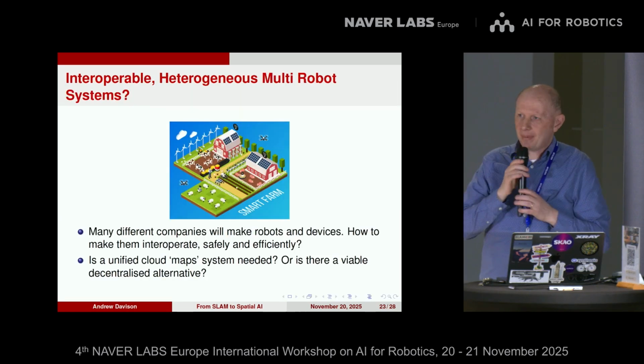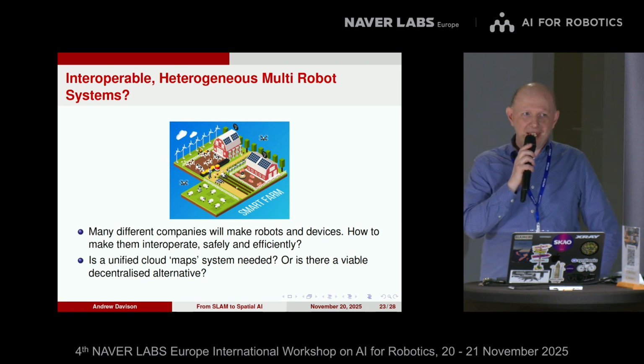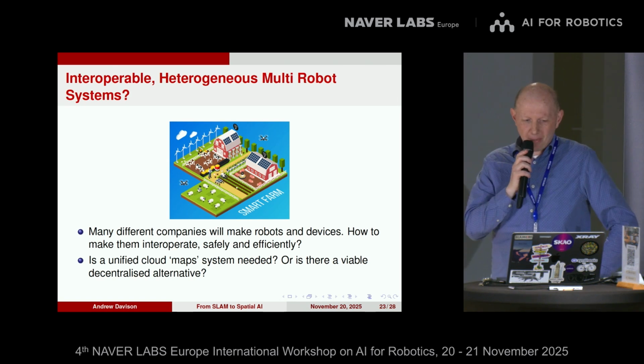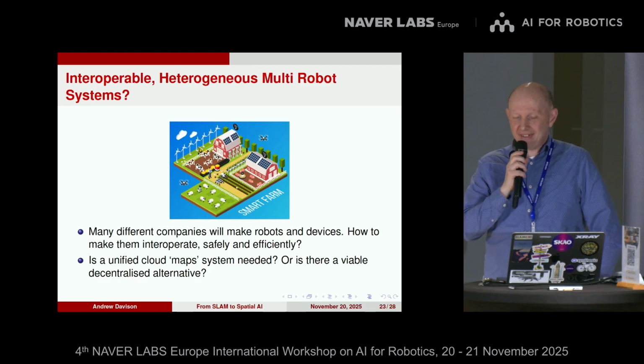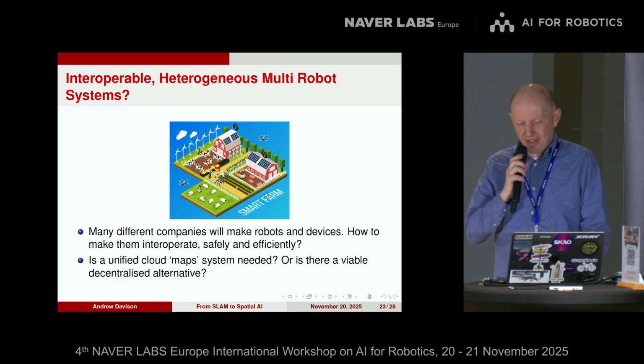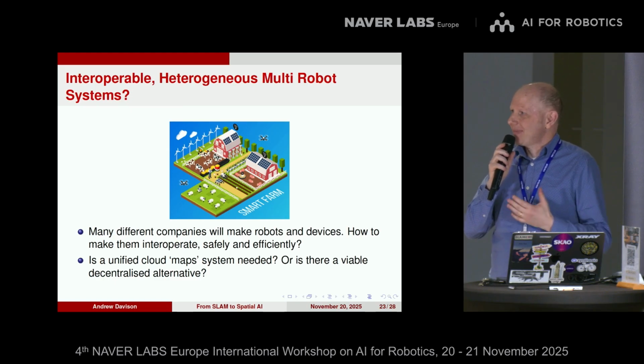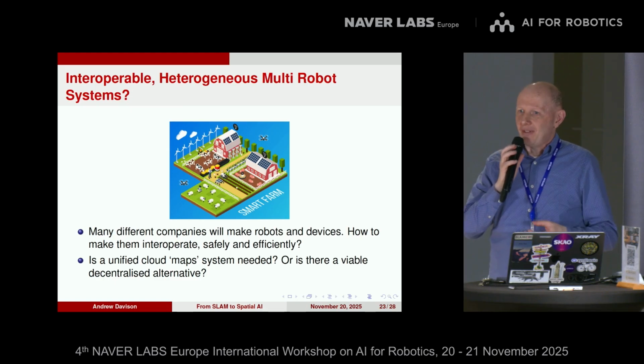The thing I'd like to talk about for the last few minutes is a relatively new interest of mine in robotics, but which I also think is very important. It's multi-robot or many-robot systems. So let's imagine an application of the future. This is just something I found on the internet somewhere, but something like a smart farm of the future.